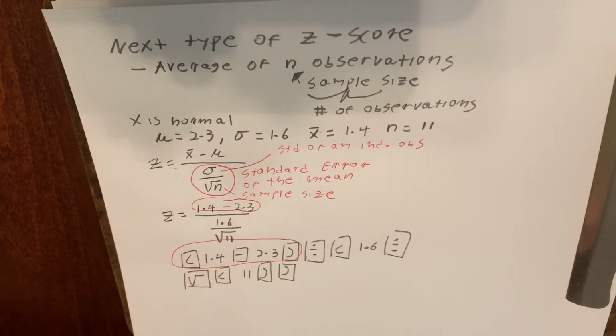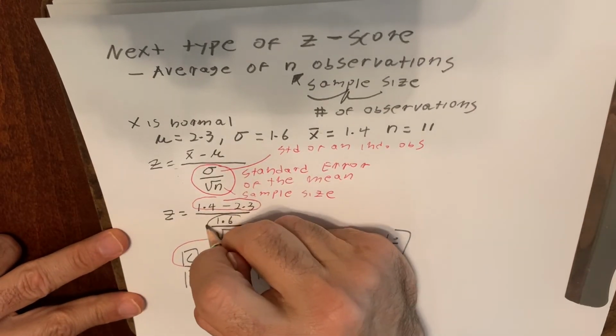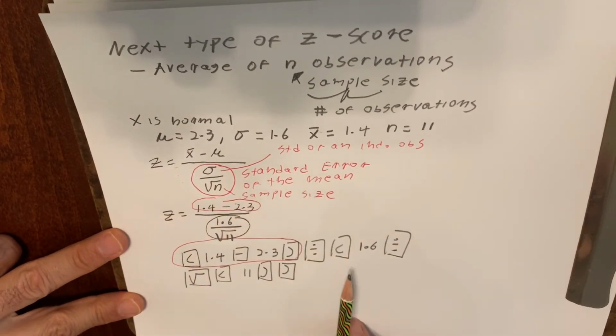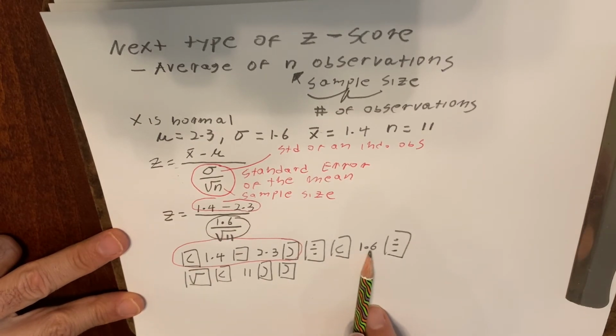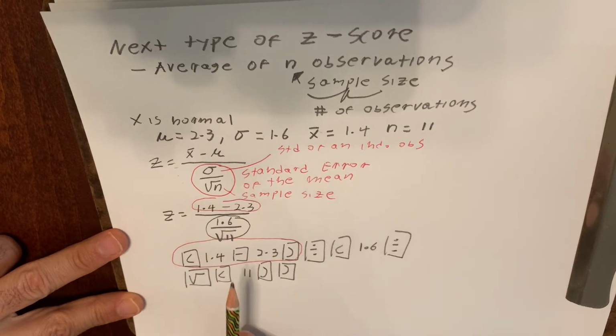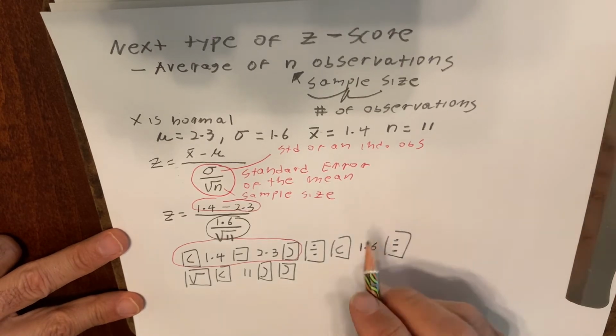Now this whole thing over here is the denominator. So we have one parenthesis over here for the 1.6 divided by the square root of 11. But notice the square root begins with a parenthesis and ends with a parenthesis. And so we need this one more parenthesis to match this.